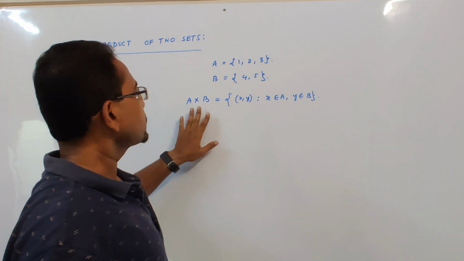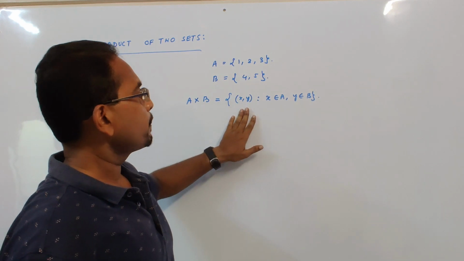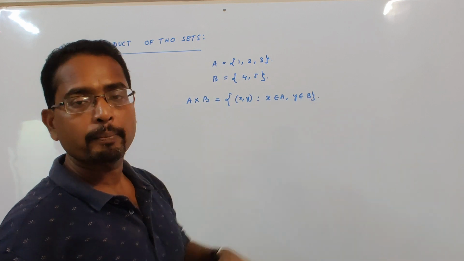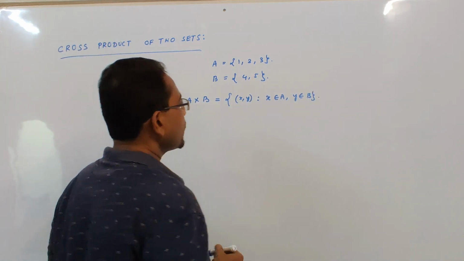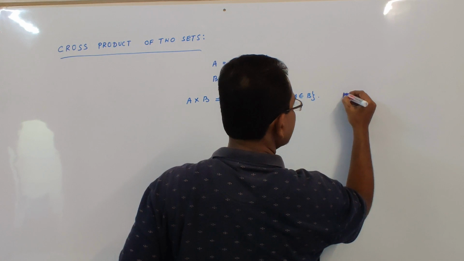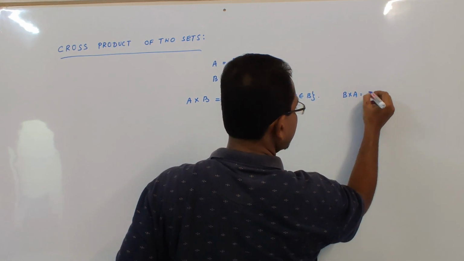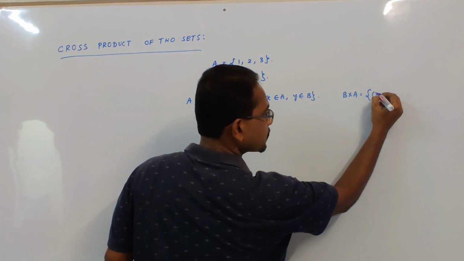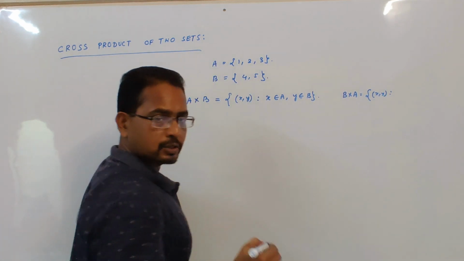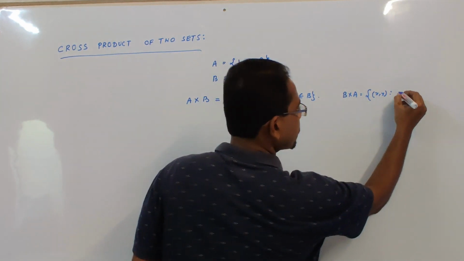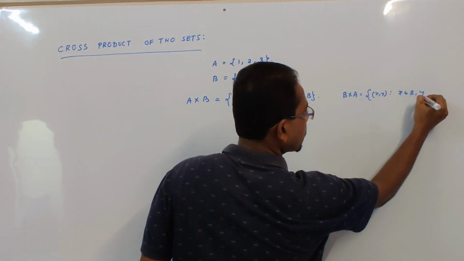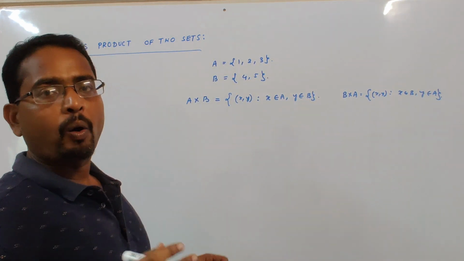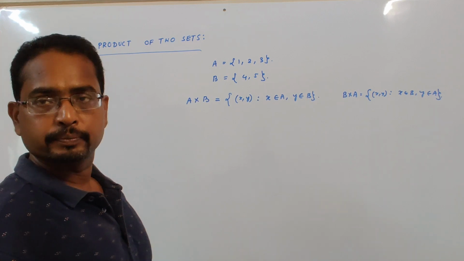Because when it is A cross B, in the ordered pair x comma y, x will be from A and y will be from B. And if I say the cross product B cross A, then it is also a set in which the elements will be ordered pairs like x comma y, such that x will be from B and y will be from A. So for that reason the word ordered pair is there.